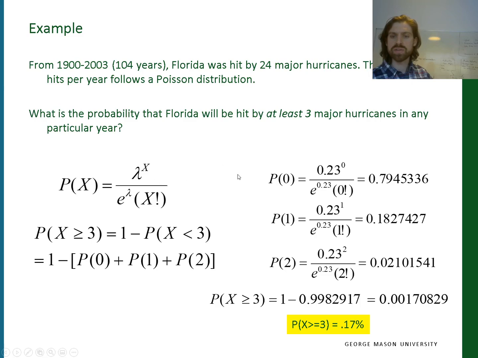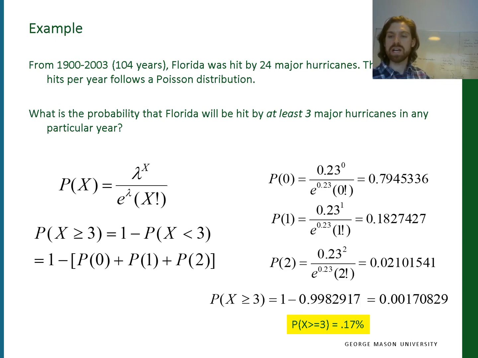Let's do those calculations. So over here, we need to take the mean value, the lambda value here, which is 0.23, and raise it to the x value for each one of these iterations, so 0, 1, 2, for example. And then we also need to raise the natural logarithm to the negative mean lambda frequency and divide by the factorial of the x value. And essentially what we get is 0.79 for no hurricanes hitting Florida.